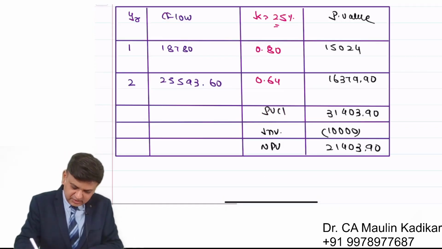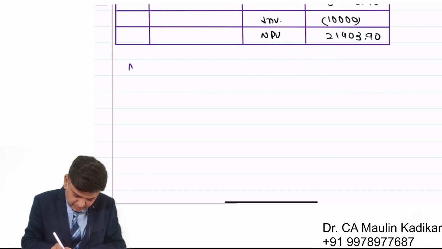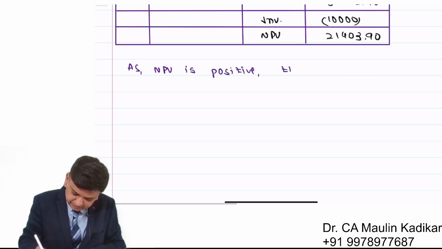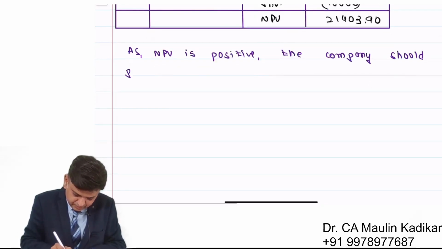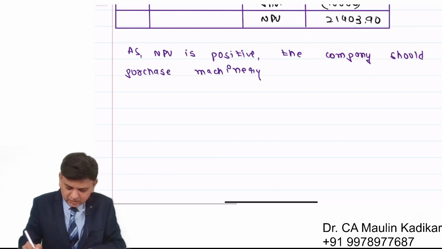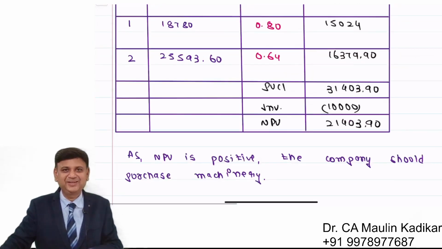So write down our final answer: as NPV is positive, the company should purchase machinery. Okay.